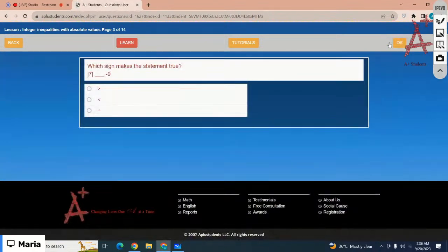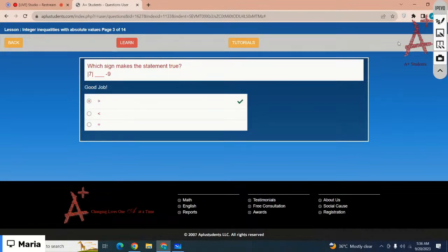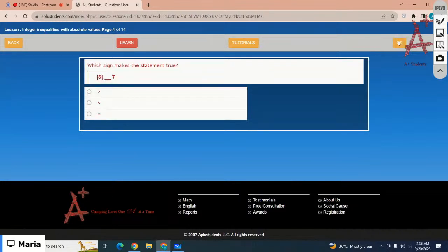Okay, which sign makes the statement true? Which is the correct option? It would be greater, right? Because absolute value of 7 is 7 and 7 is greater than negative 9. Which sign makes the statement true?